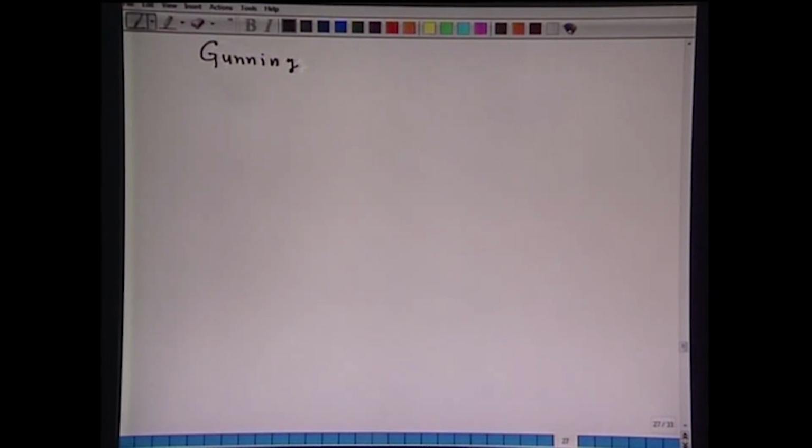Now, here for example, flame gunning is used. Flame gunning involves simultaneous melting of a refractory powder and gunning at the hot surface.